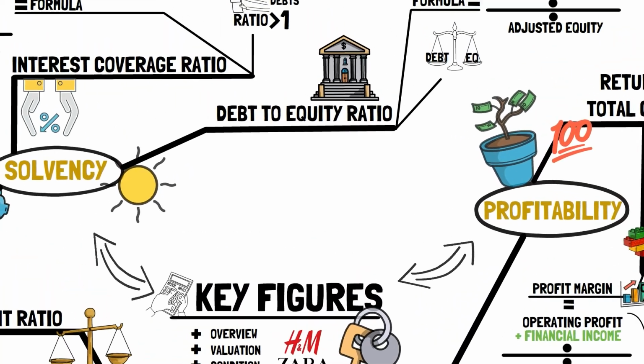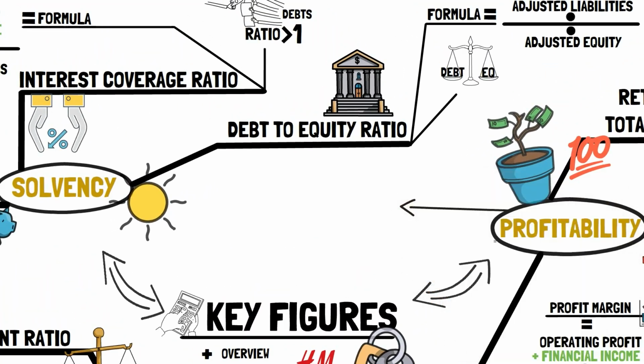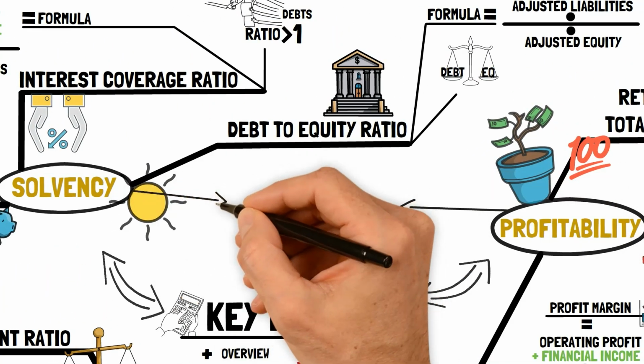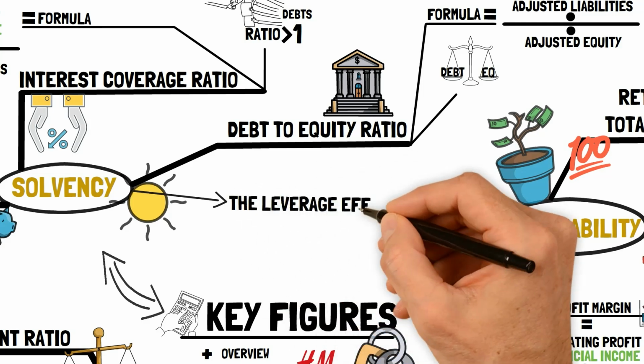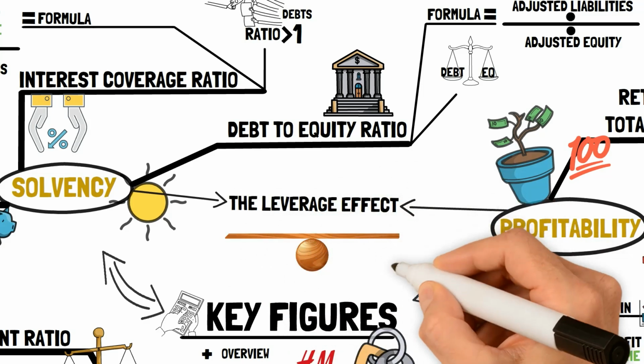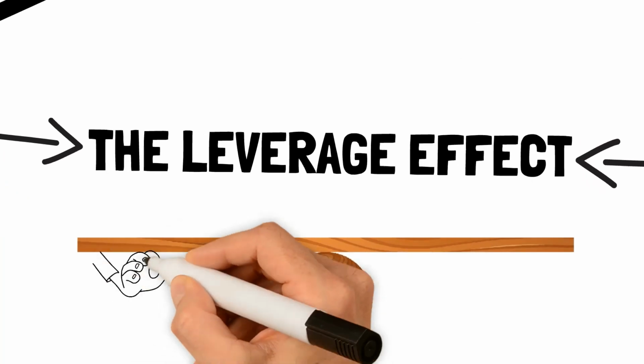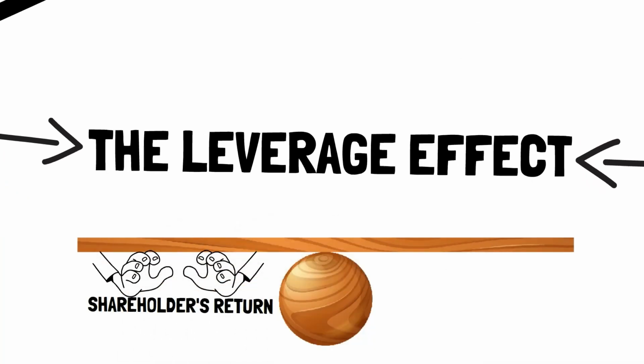Finally, an example of a formula that can be used to compare the key figures related to profitability and solvency, the leverage effect. This formula shows how the business uses debt to increase the potential for returns.